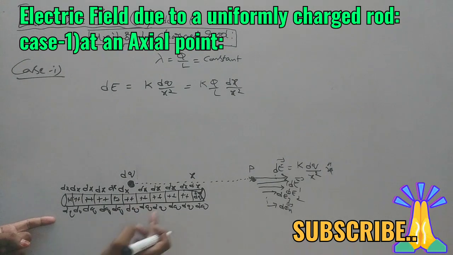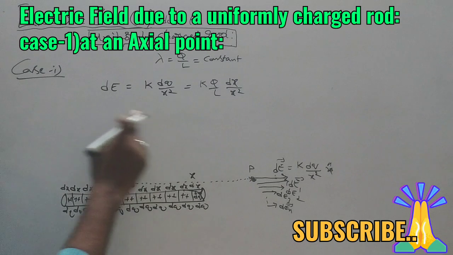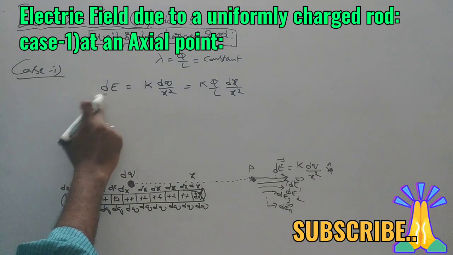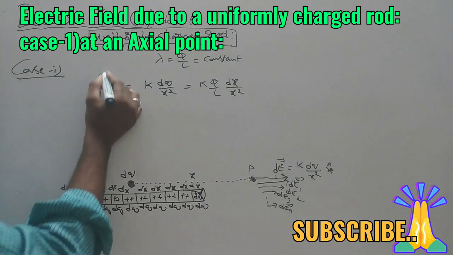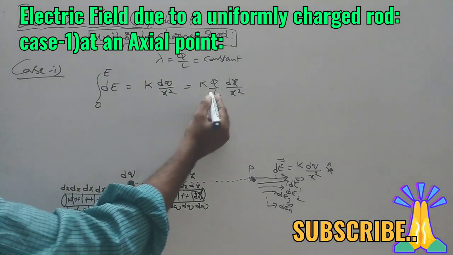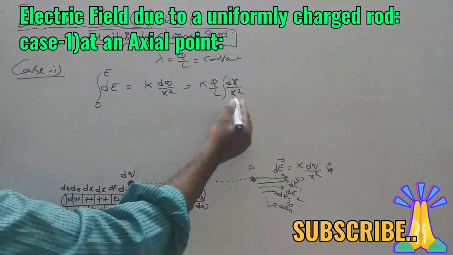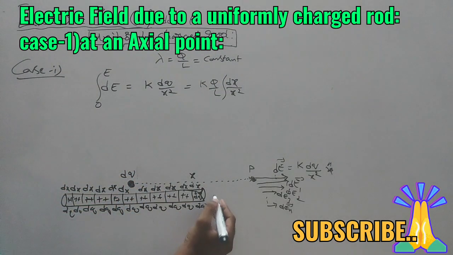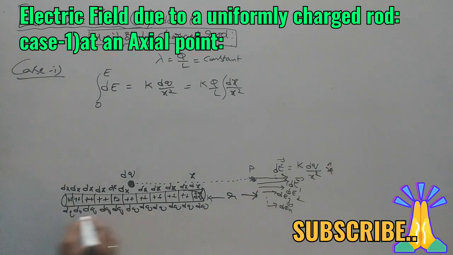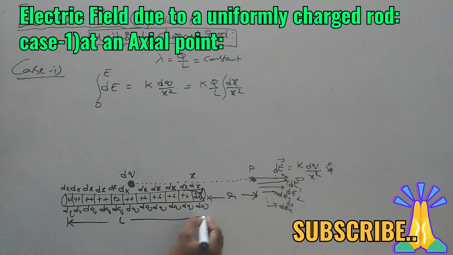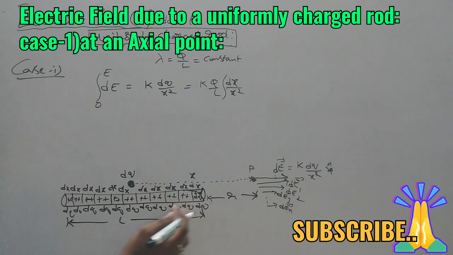Now, so many point charges are there. In order to find the total electric field produced by all these point charges at point P, we have to use the technique of integration. If I integrate this expression between the proper limits, and here kq by L is constant, note this point is at a distance of R. If I go from R to R plus L, the total length of the rod, then the total charge distributed on the rod will be covered.